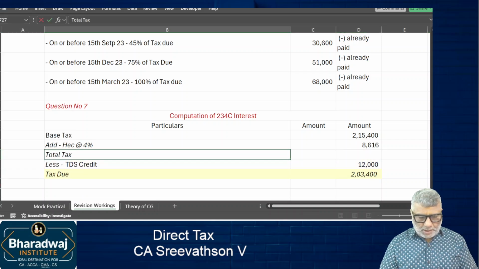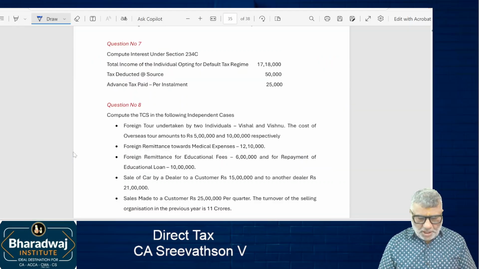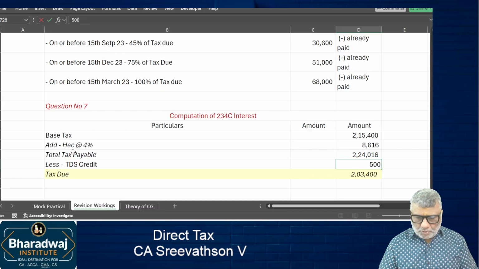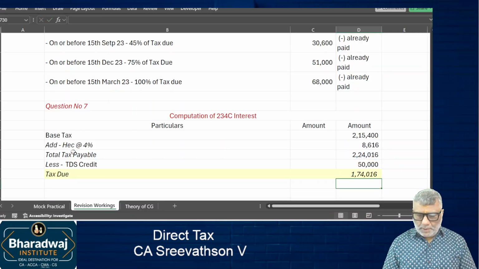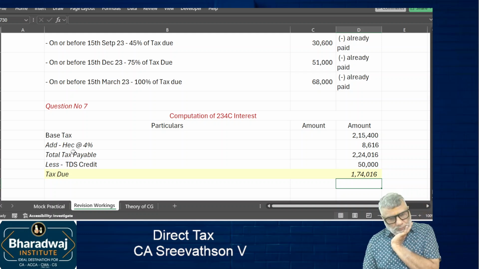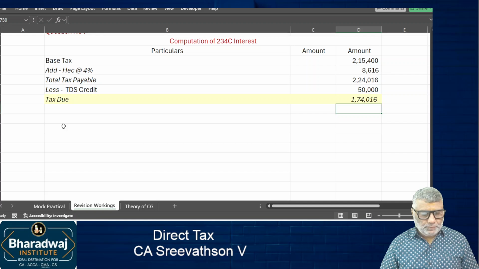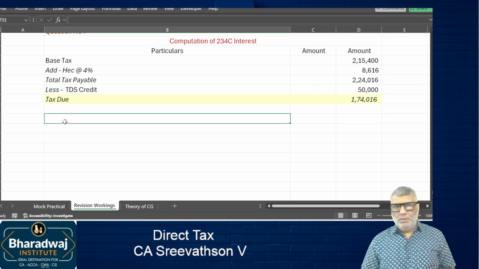Total tax payable minus TDS credit of 50,000.